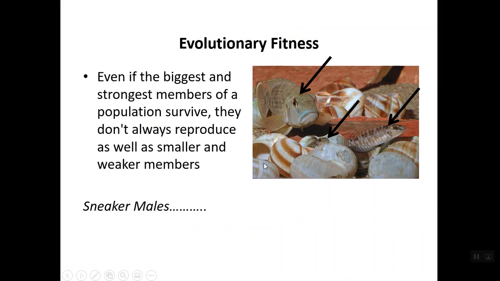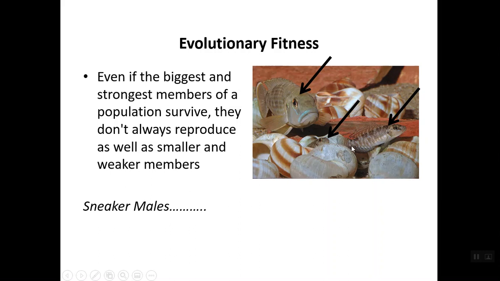And just a funny example. The example of sneaker males. This is seen in several species. This is a species of fish where there are two types of fish. There are some that are, in the males especially, some that are smaller, some that are bigger. This is the small male. This is the big male.